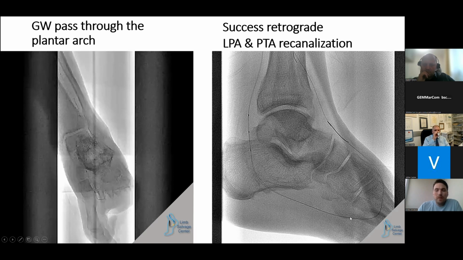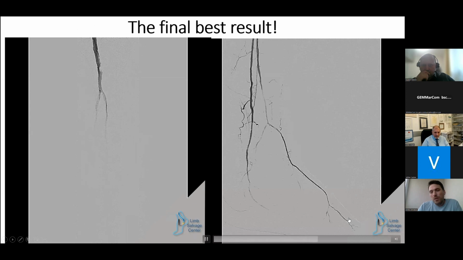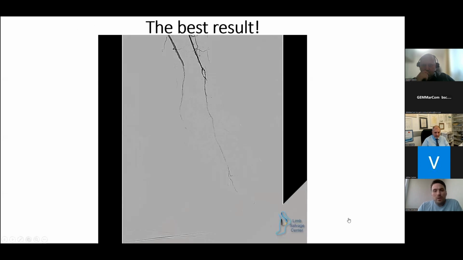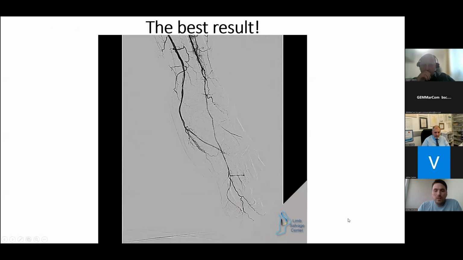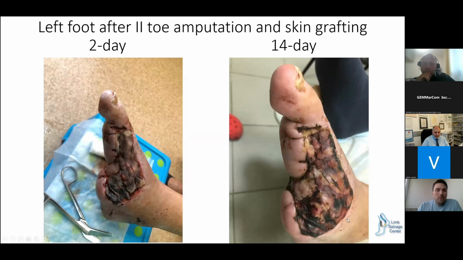PTA with appropriate balloons was performed, and the final angio shows, I suppose, the best result for me and for the patient, with an angio in the frontal side, and the photo of the left foot after second toe amputation and skin grafting at the second day and 14th day.